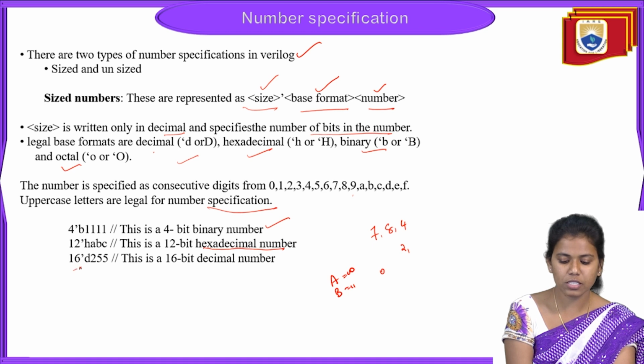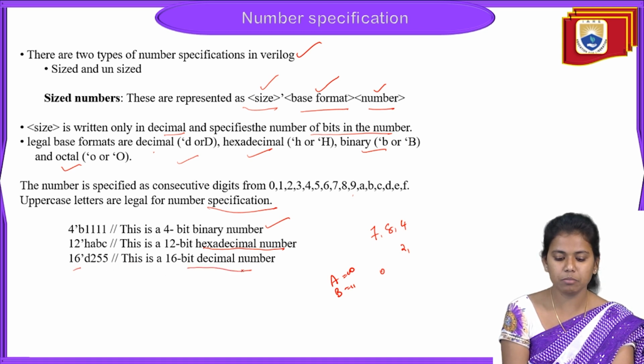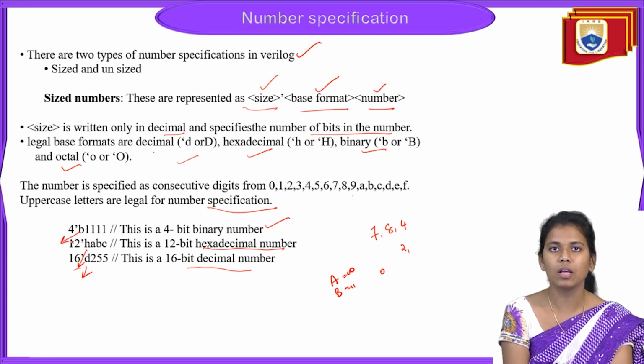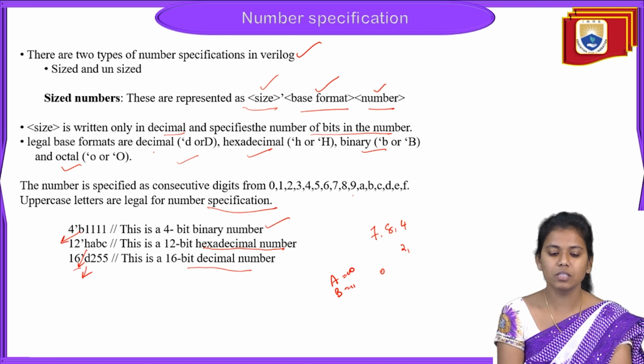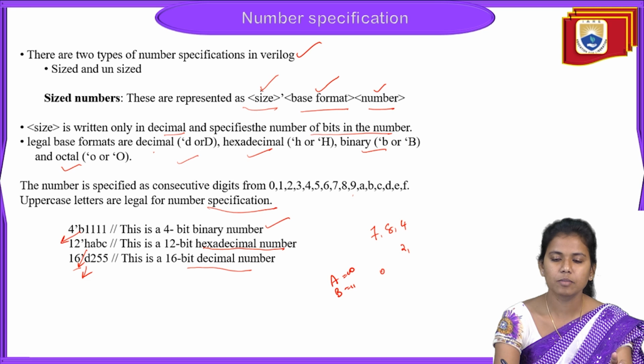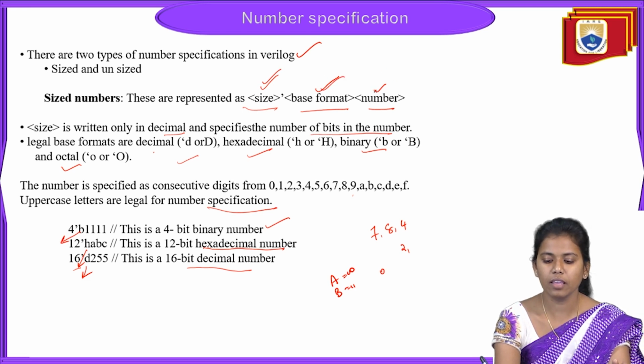And coming to the 16-bit D255, this is a 16-bit number, where D specifies the decimal number system, H hexadecimal, and B binary. So this is how we represent the numbers in the sized number format. The sized number format consists of what? The size, base format, and the number.